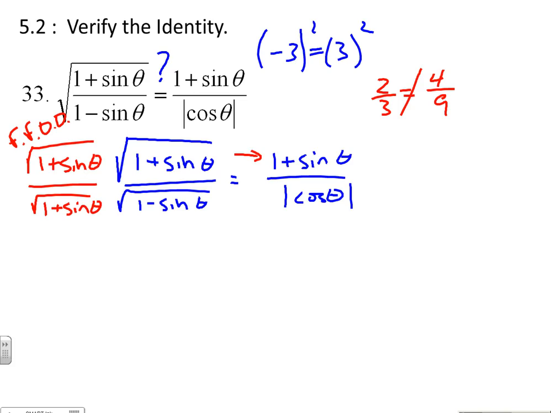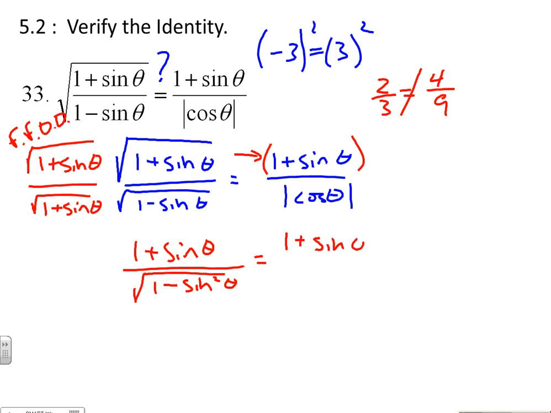Well, the good news is the numerator, I just matched my factor. 1 plus sine of theta is the only factor in the numerator that I'm going for. The denominator, okay, that's square root. If I FOIL this, I get 1 minus sine squared of theta. And that's supposed to equal 1 plus sine of theta, all on absolute value cosine of theta.